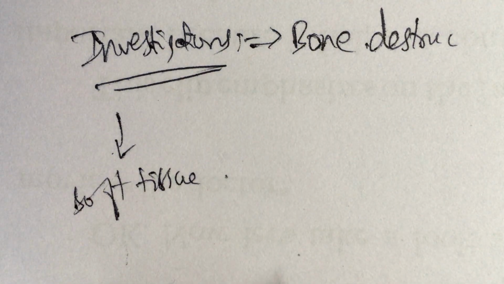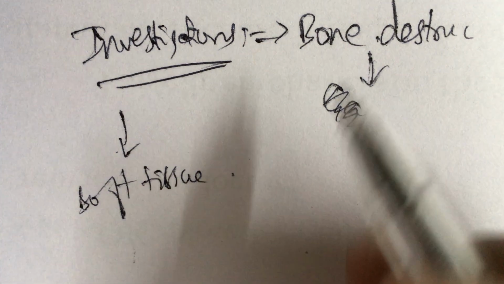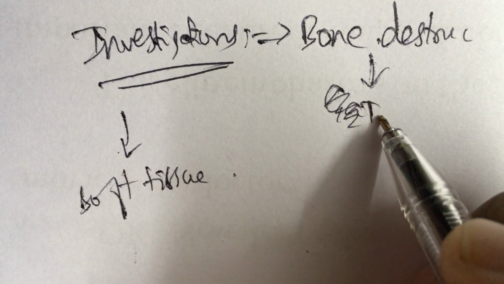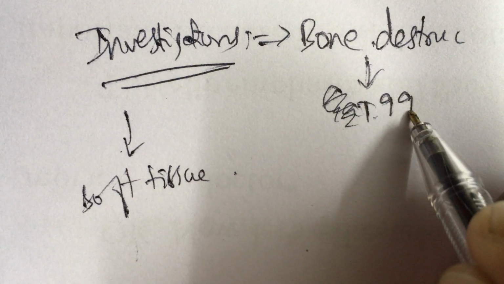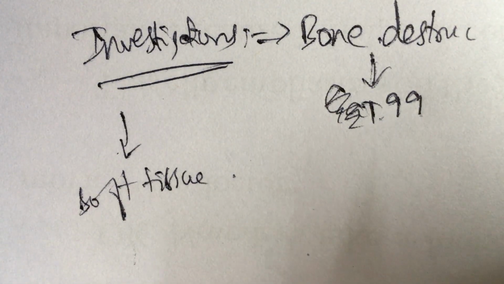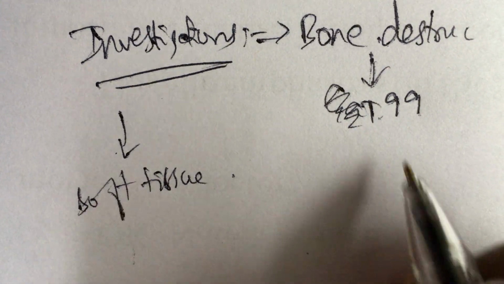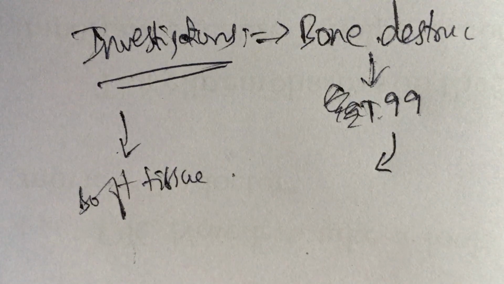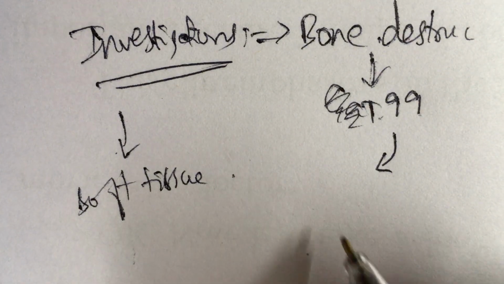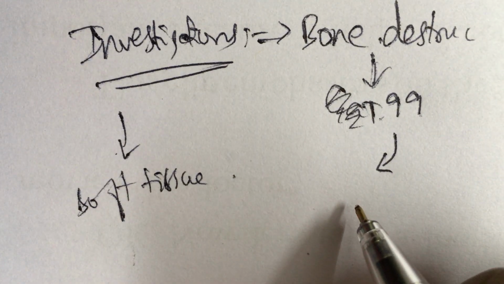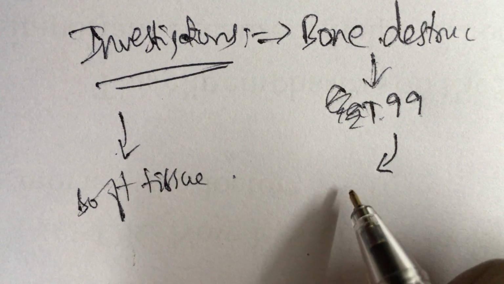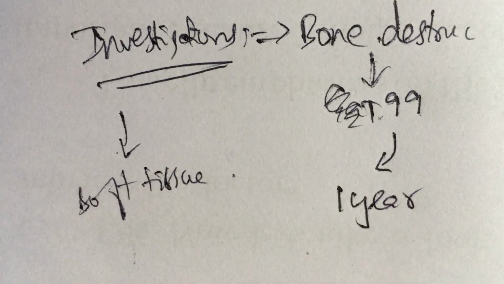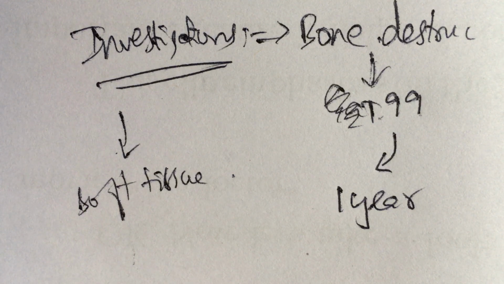For bone destruction, we use a chemical called technetium-99. Technetium-99 is a very good scan, but we will not be able to use it for monitoring, because for 1 year after the development of malignant otitis externa, the technetium-99 scan is going to be positive.